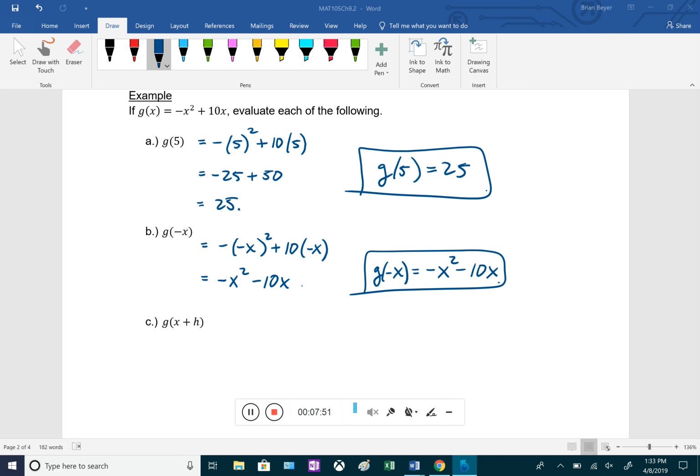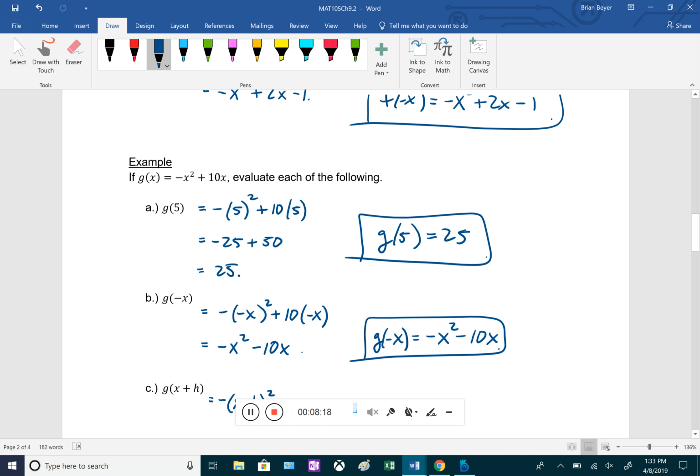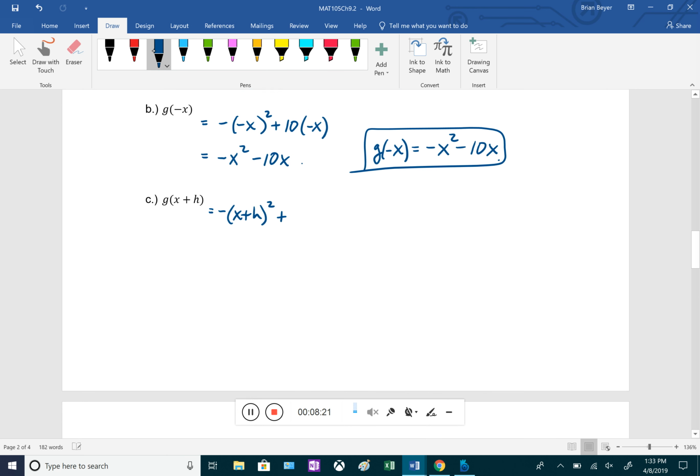So that's g of negative x, and then lastly we have g of x plus h. So once again, a little bit more complicated. Everywhere there is an x in the original, instead of g of x, it's going to be g of x plus h. We're going to plug in an x plus h everywhere. So this is going to become negative x plus h squared, and then it was plus 10x, so that's going to become plus 10 times x plus h.